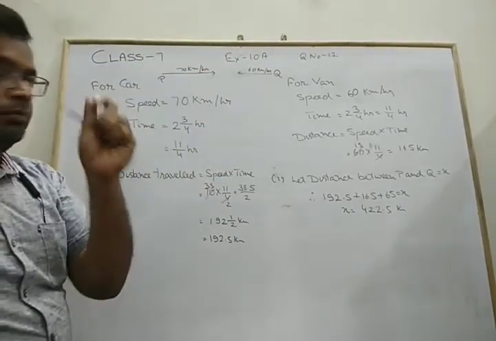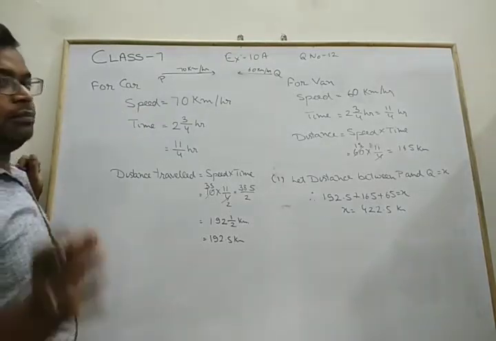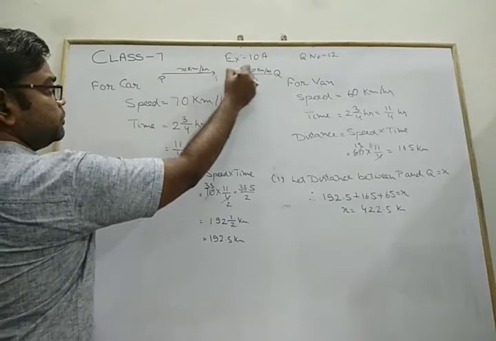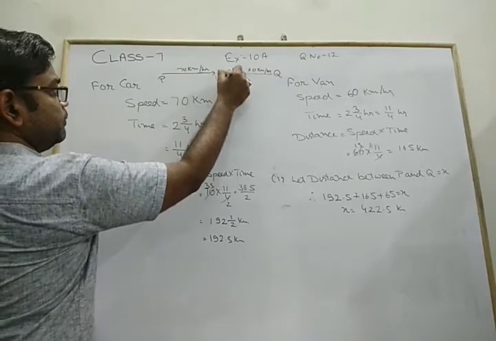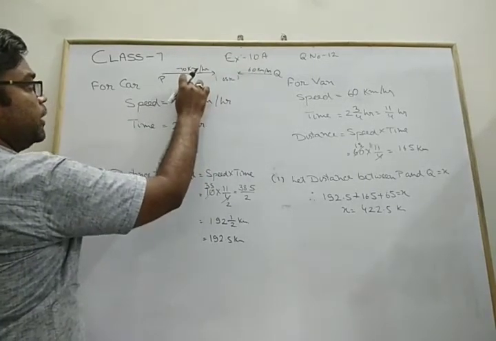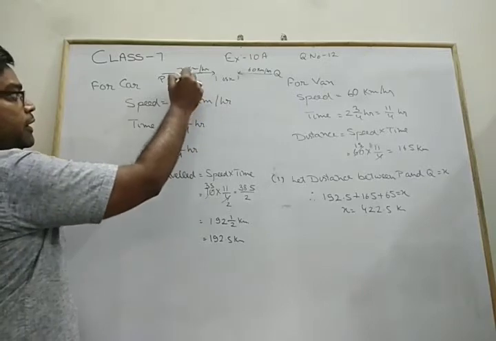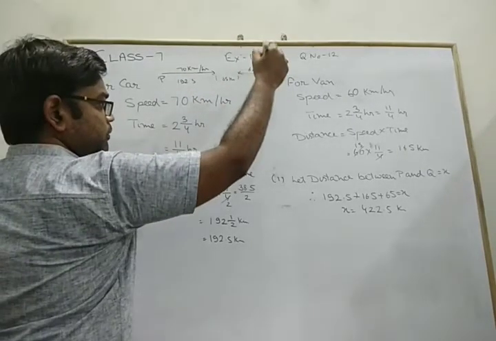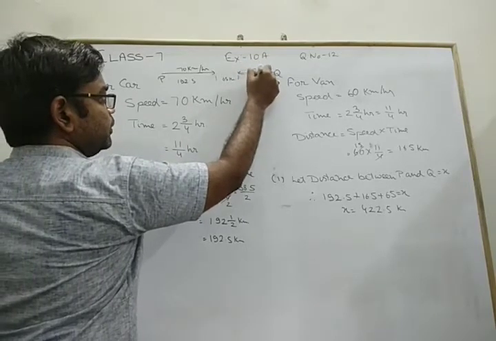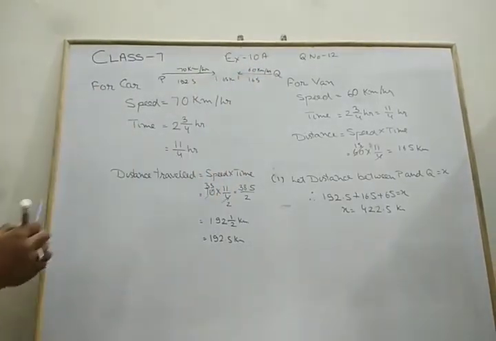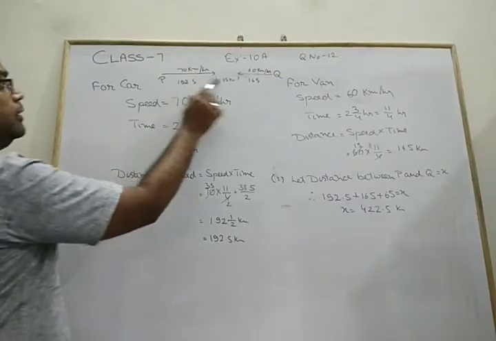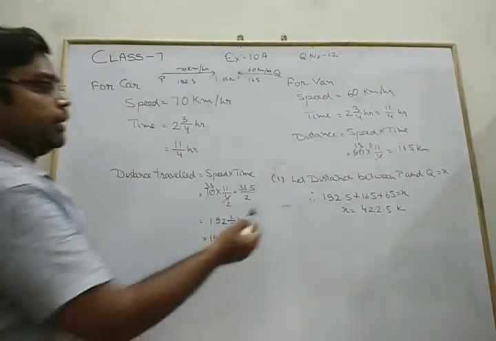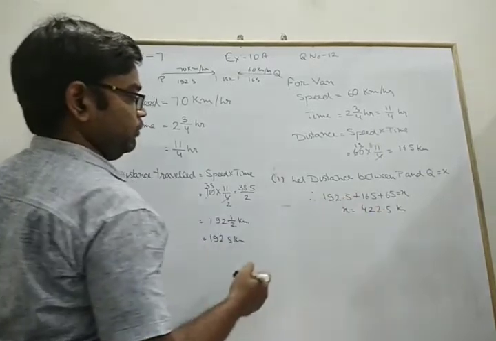The left part is 65 km, this is 192.5 and this is 165. So to get the distance between P and Q, we must add these three. When we calculate, we get 422.5 km.